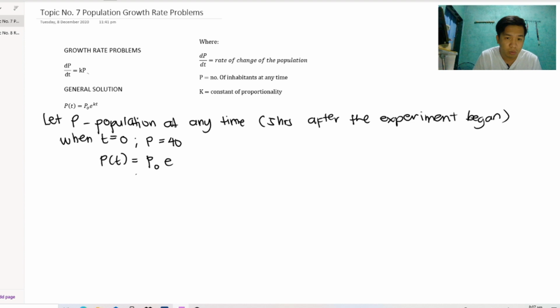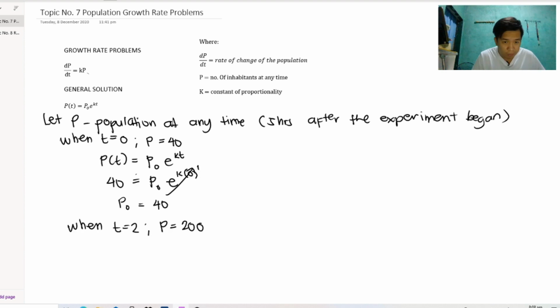Using the formula P of t equals P0 e raised to kt, at 2 hours we have 200 equals 40 e raised to k times 2.